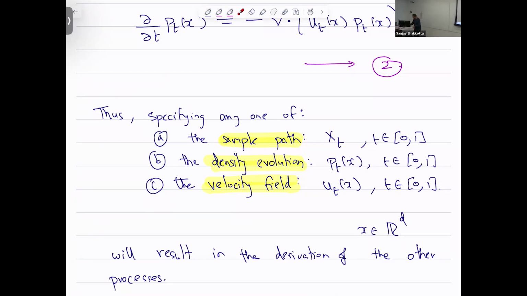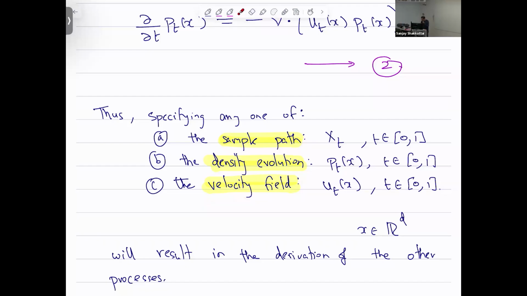And you can specify the sample path, the trajectory you'd like to evolve. That's one way of doing it. A second way is density evolution. I will give you a sequence of probability density functions as a function of time, saying at time 0, I want it to be P naught. At time 1, I want it to be Q star. And maybe I'll specify the whole trajectory. This is the trajectory I want. That's another way to specify the transport. A third way is through a velocity field.